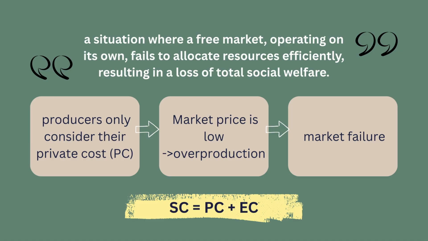They ignore the external costs, such as health damage or environmental harm. This means the true social cost, SC, which equals PC plus EC, is higher than the cost reflected in the market. Because the market price is too low, firms produce too much. This overproduction results in a loss of social welfare, which we call market failure.